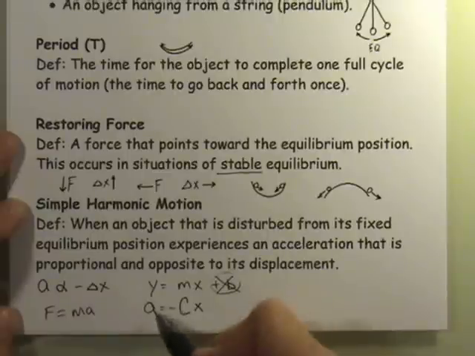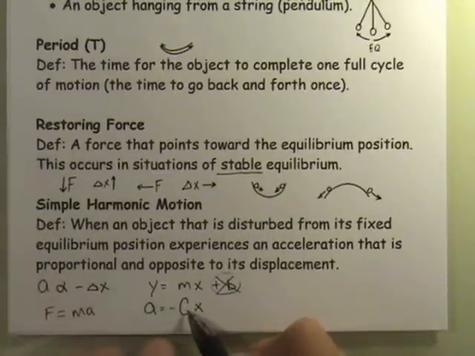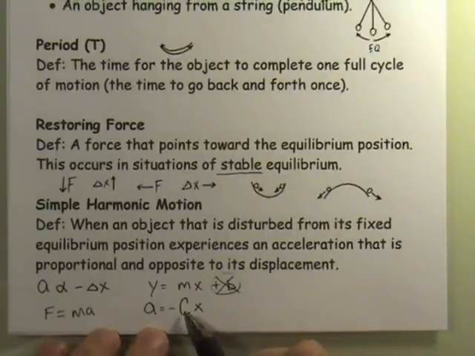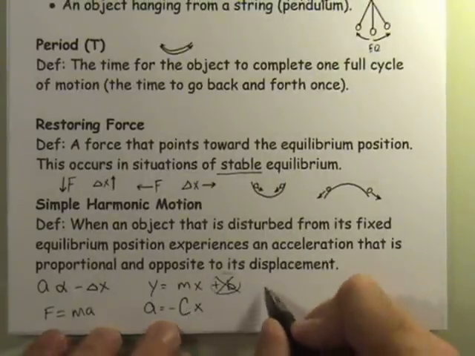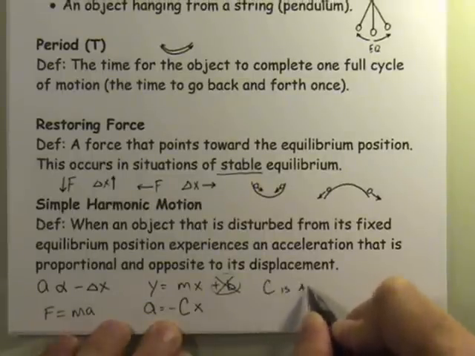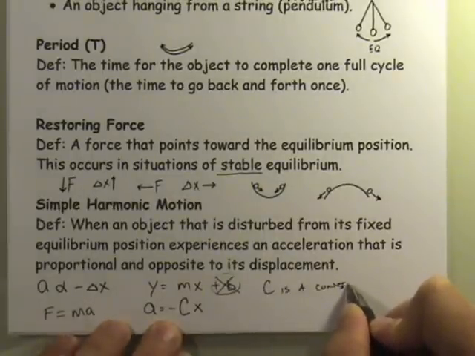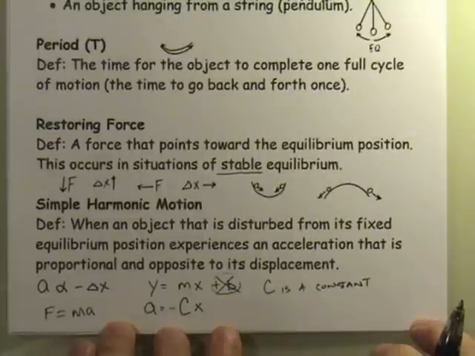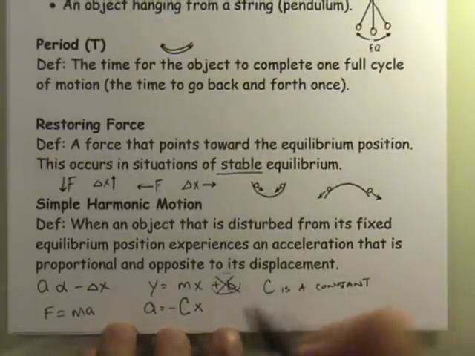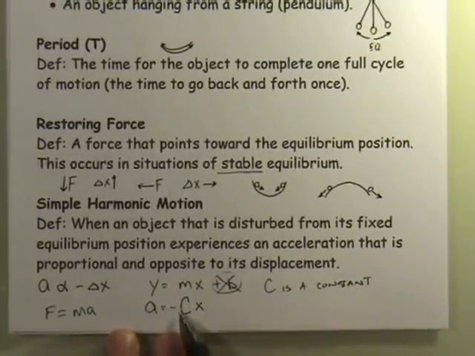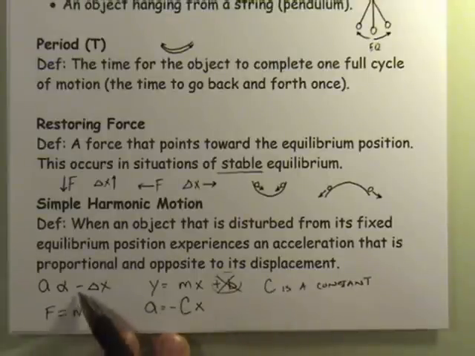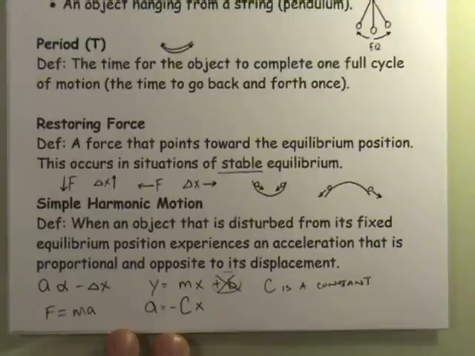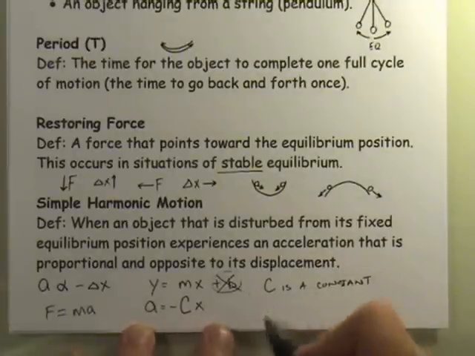Now, right now we're not going to replace c with the property that has its true name. But what I do want to do is to at least look at what are the units for this constant c. So big C is a constant, and it's pretty easy to figure out what the units are for it because we can just look at this equation, A equals minus CX. Again, remember the minus comes from the fact that the restoring force always points in the opposite direction as the displacement, therefore the acceleration always points in the opposite direction.